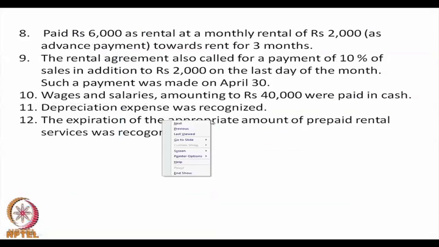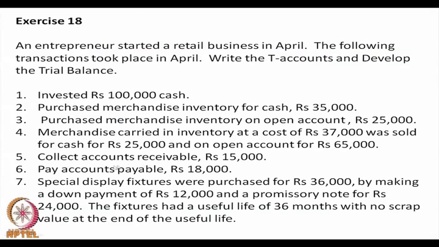Now, we see number 6, pay accounts payable rupees 18,000. So, when we are making the payment, cash position reduces by 18,000. Therefore, the entry has to be made in the credit side, cash being an asset. Accounts payable naturally also reduces. Accounts payable is a liability.